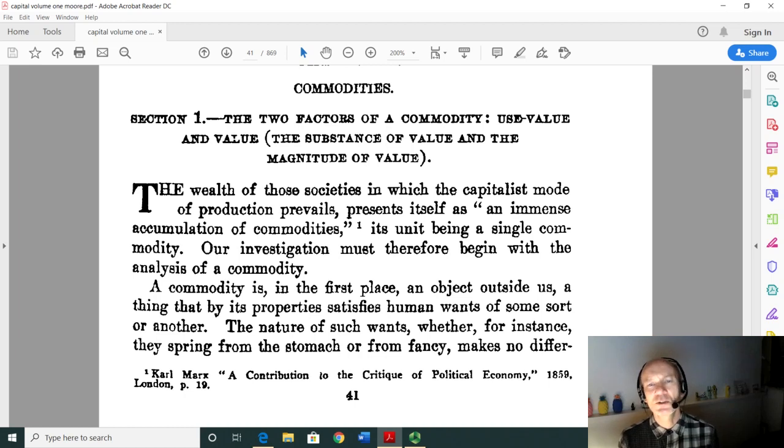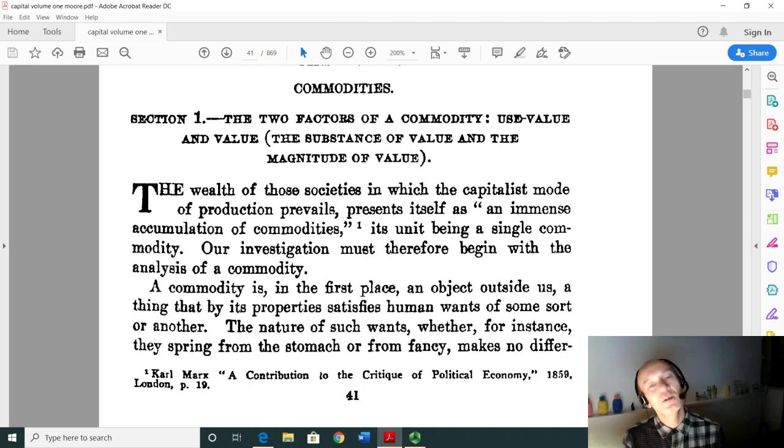And then he continues, "its unit being a single commodity. Our investigation must therefore begin with the analysis of a commodity." Or rather, the German text reads, the analysis of the commodity. Because obviously it is not the analysis of a commodity, it is the analysis of the concept of the commodity. So, as I said, we're working here with translations which are always imperfect, but this one is reasonably okay.